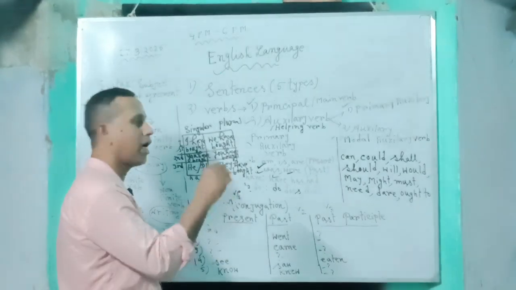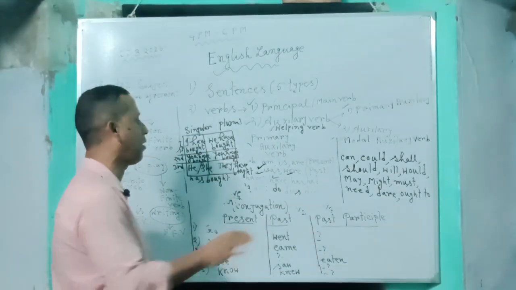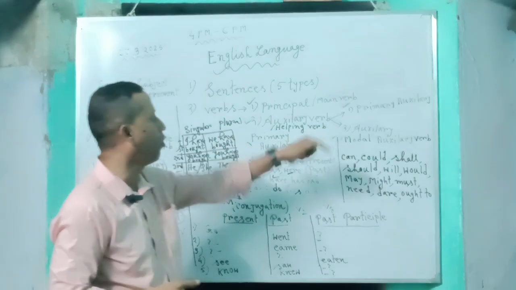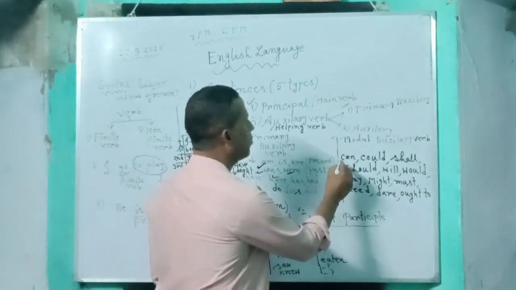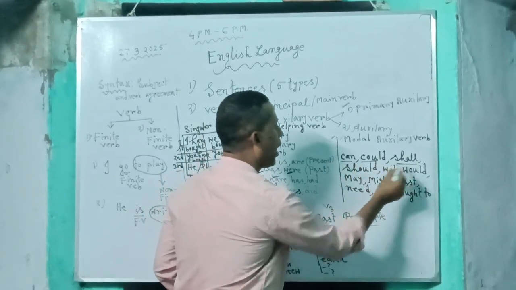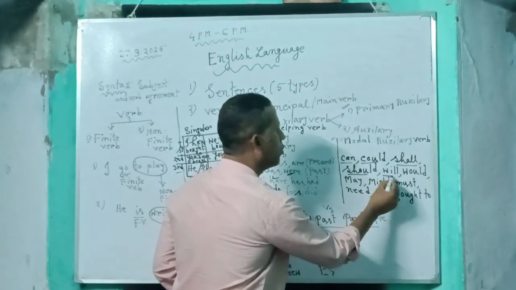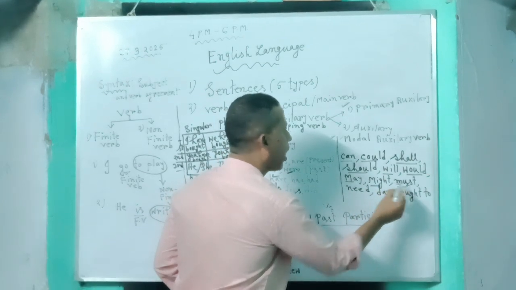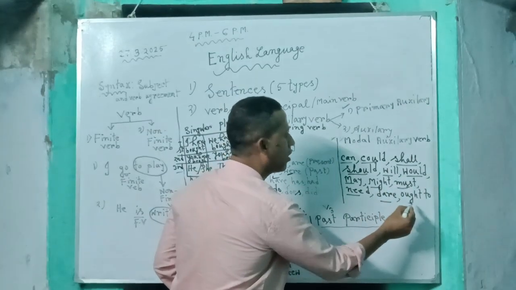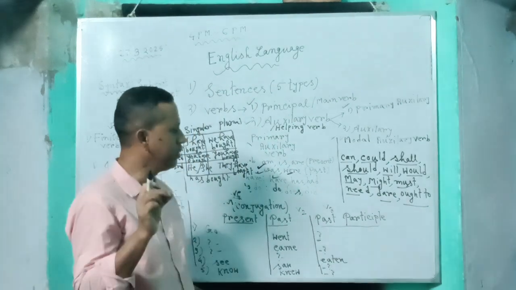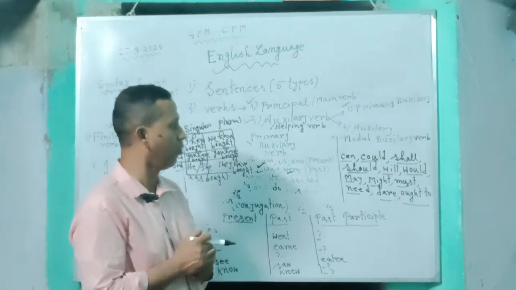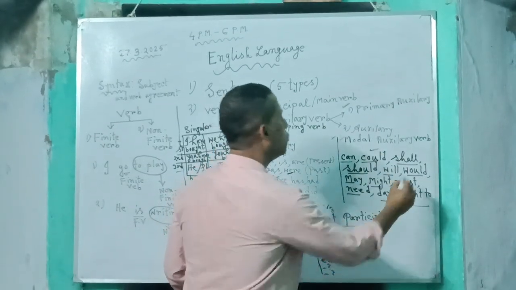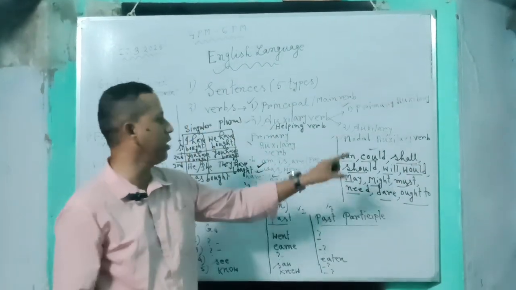Next class I will describe do, does and did using, and the modal auxiliaries: can, could, shall, should, will, would, may, might, must, need, dare or to. In this video, I want to share only would and could. In spoken English, it is very important.